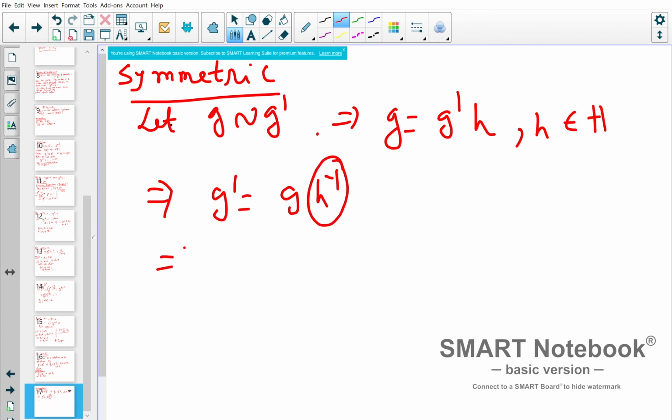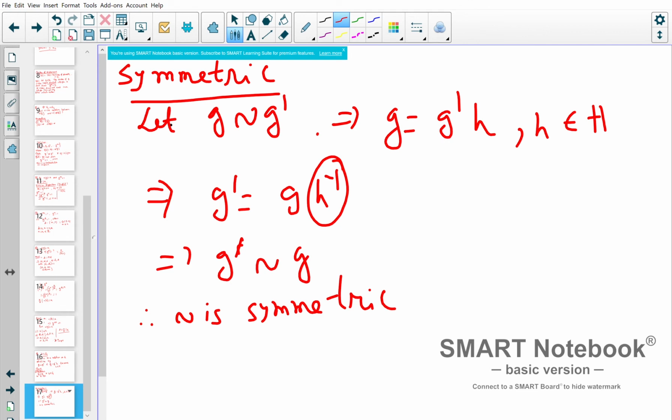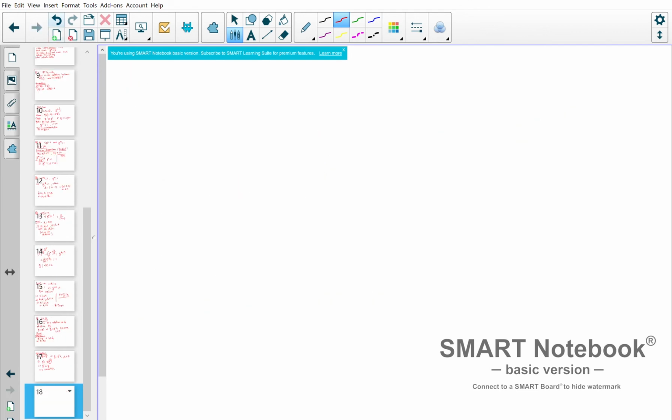And this implies that g dash is related to g. So this tilde is symmetric. And similarly, for the transitive property, you can also find out transitivity.